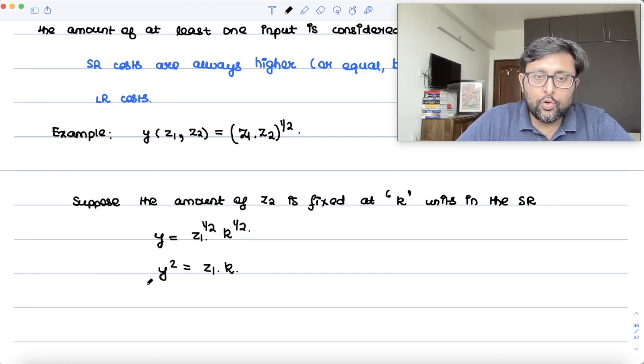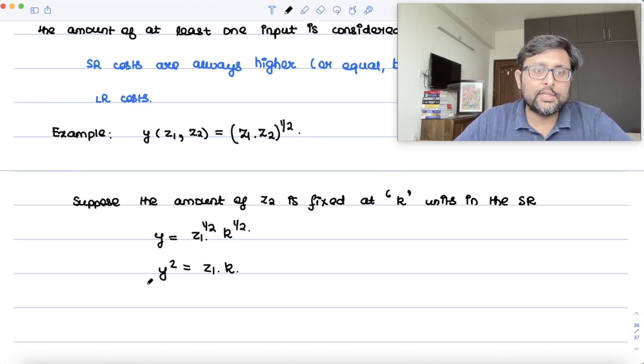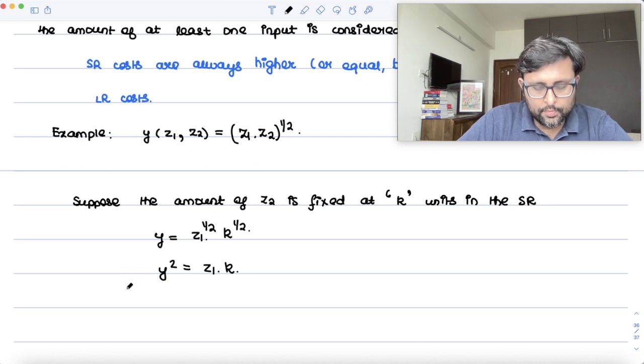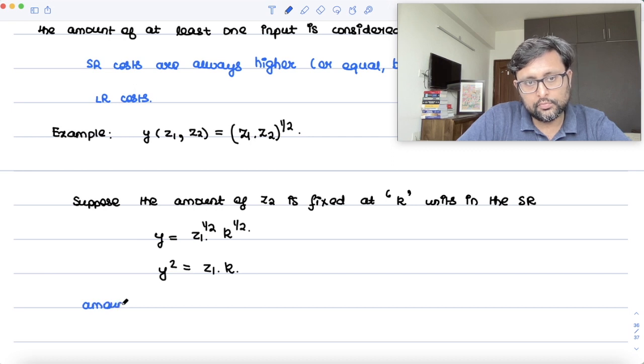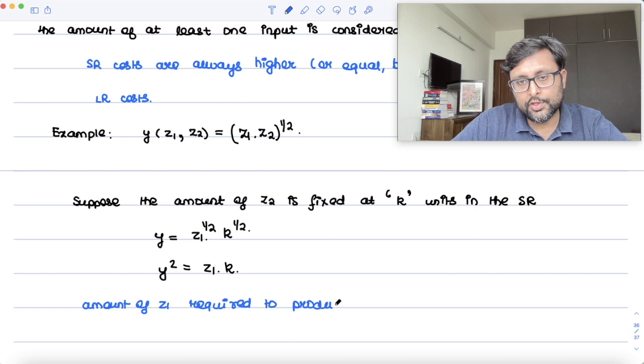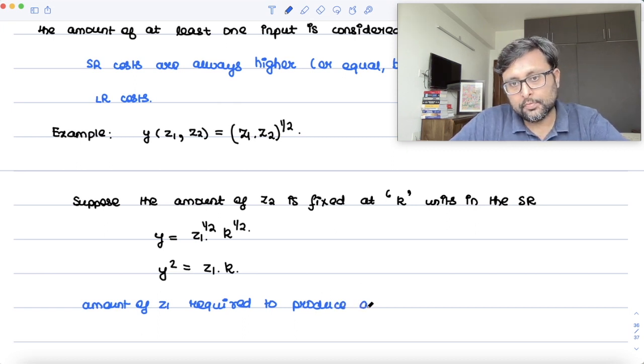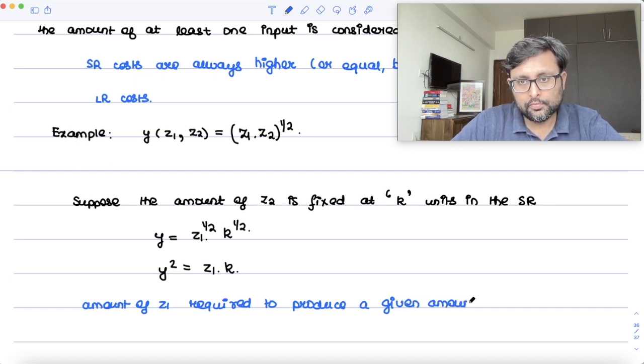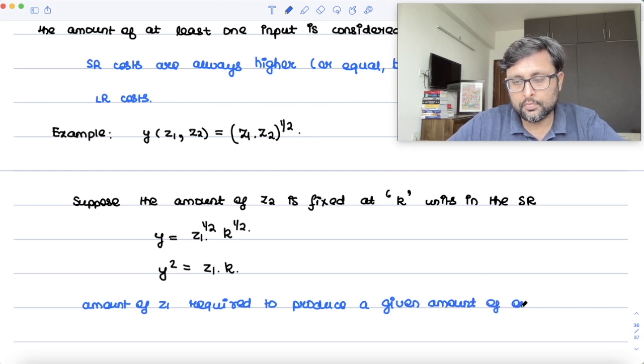So what is the amount of Z1, that is input 1, required to produce a given amount of output Y?